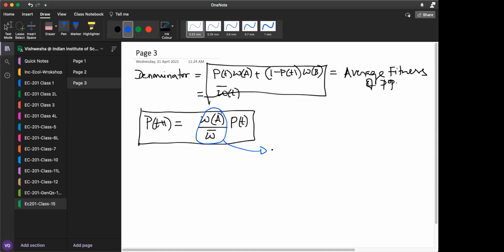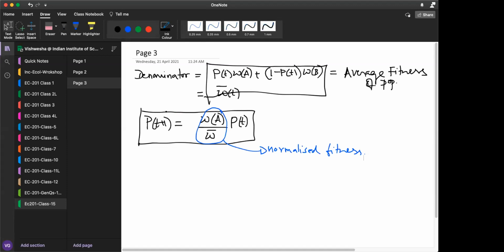It's not quite relative fitness. Relative means you have to compare with B also, right? It's sort of normalized fitness. I wouldn't call this relative fitness, but relative fitness will come into the picture very soon.